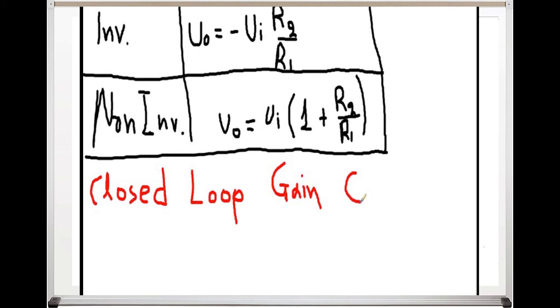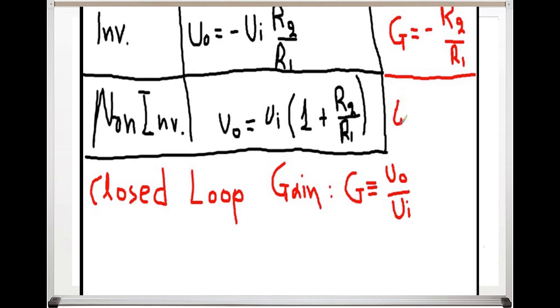So in the case of the inverting configuration, the closed loop gain is V out divided by V in equals minus R2 divided by R1, and in the case of the non-inverting configuration, the closed loop gain is equal to 1 plus R2 divided by R1, based on the equations that we proved previously.